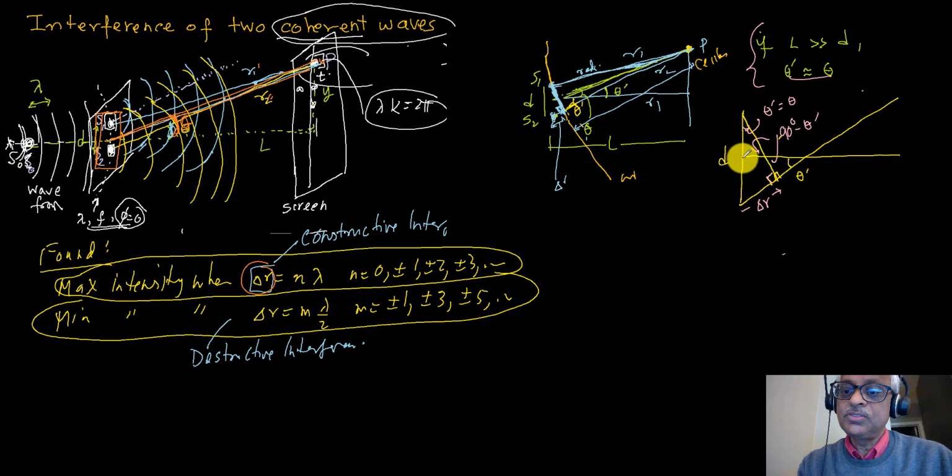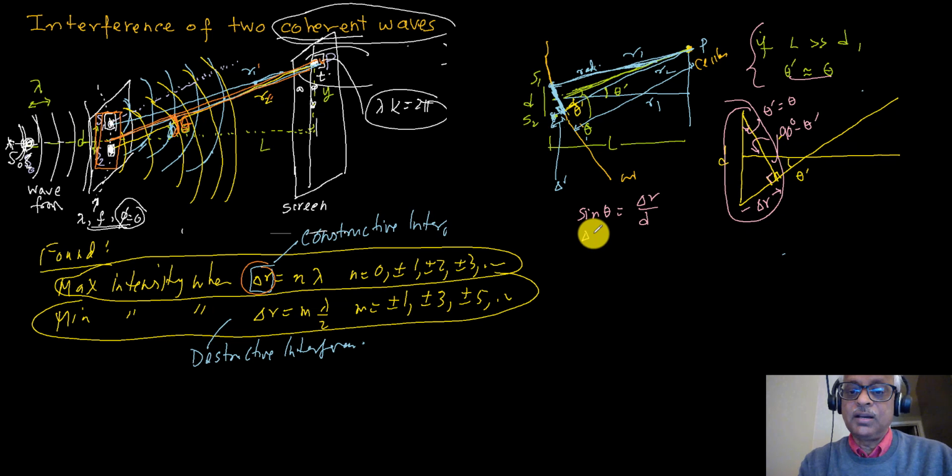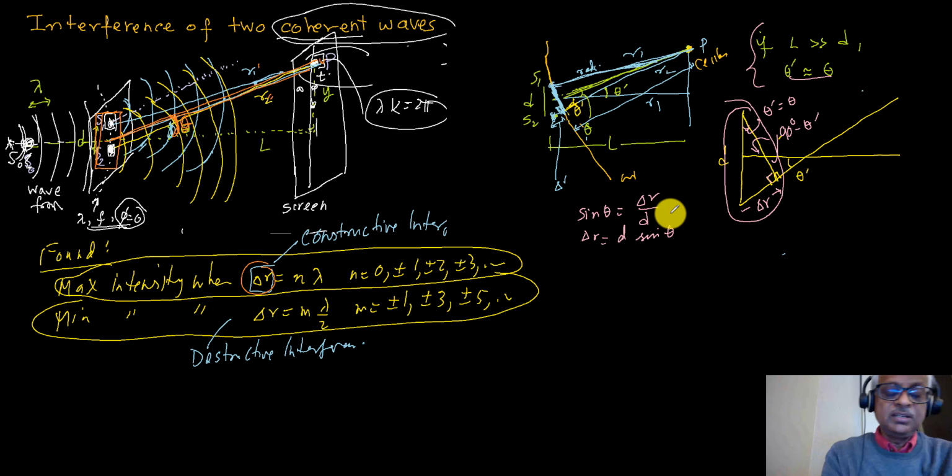So in this triangle, sine theta is delta R divided by D, and so delta R is just going to be D sine theta. So you can call this D sine theta.